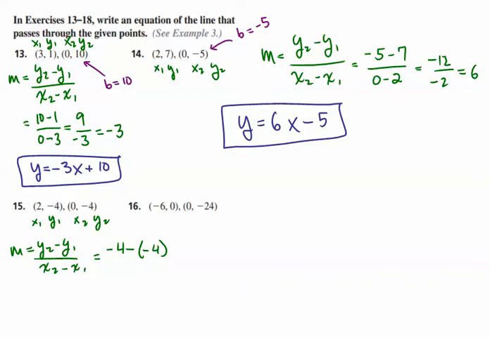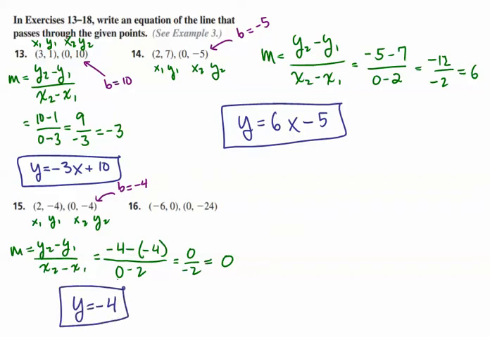Picture a line where all the y coordinates are the same. It is a horizontal line, and that means that my slope is going to be 0 over negative 2, which is 0. Horizontal line, 0. I can see my y-intercept, b equals negative 4. The equation is simply y equals negative 4. It has a 0 slope there. All right, we'll go on to the final one.